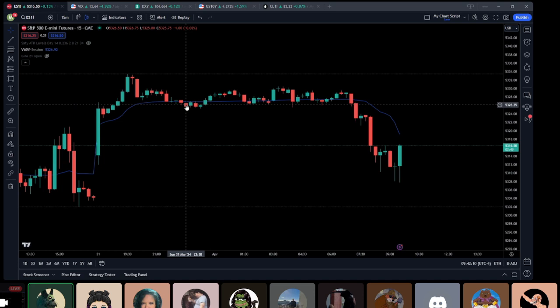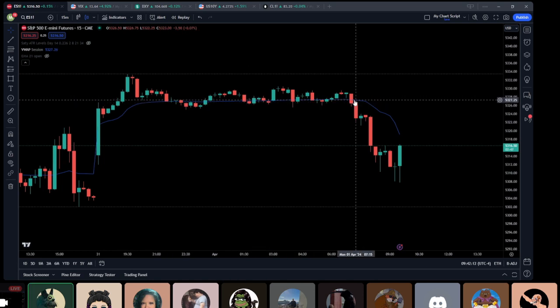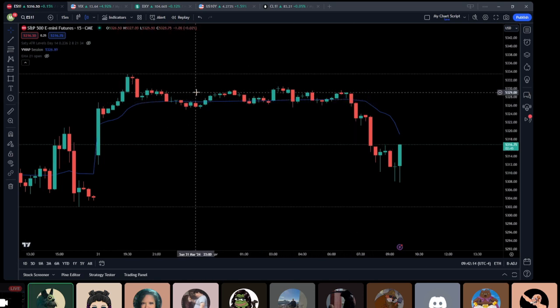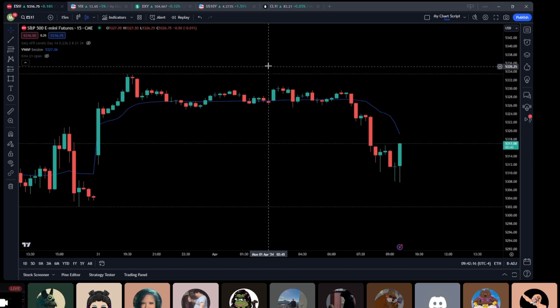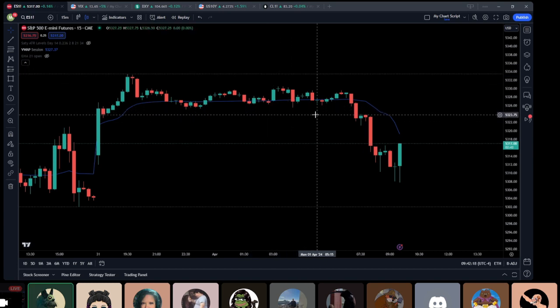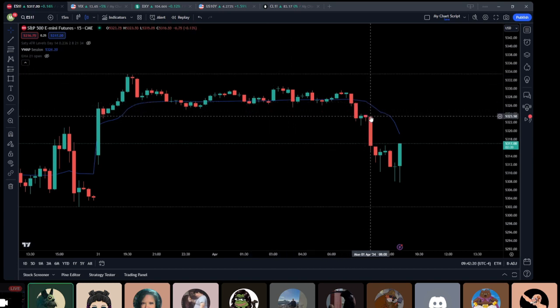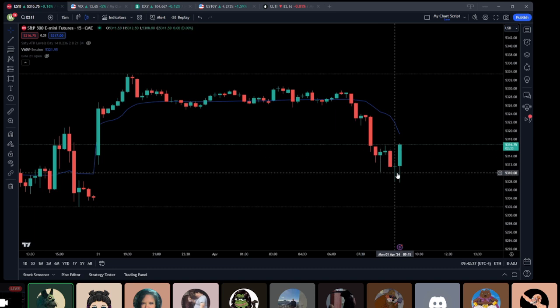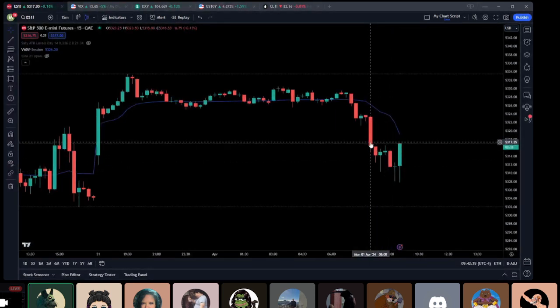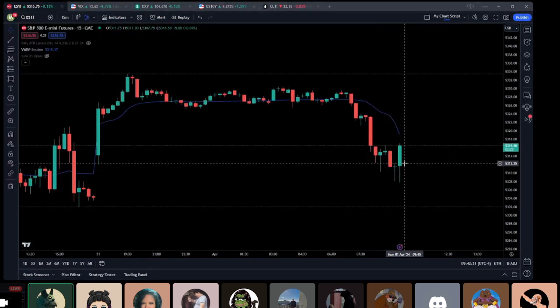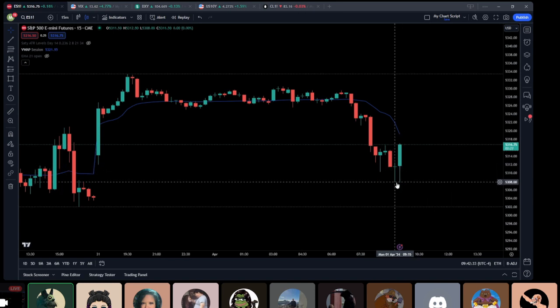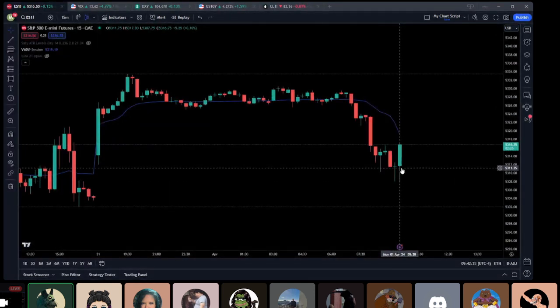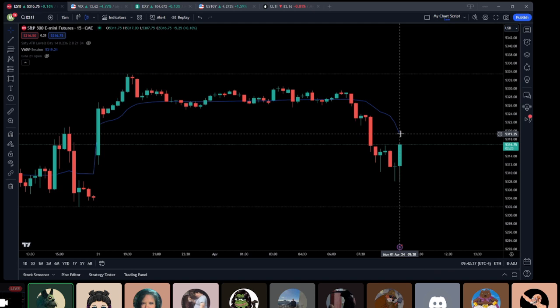Right, we see here overnight, price has not left VWAP, and it's been a grind. It's been about a 10-point range all night long until about 8 o'clock, where price finally broke away from VWAP, and now look at these bars. They're much longer, they're stronger, and we're actually so far away from VWAP that it's now starting to mean revert back towards it.